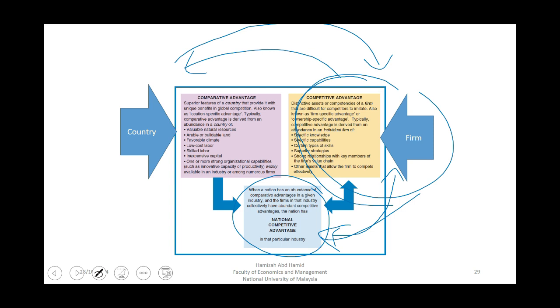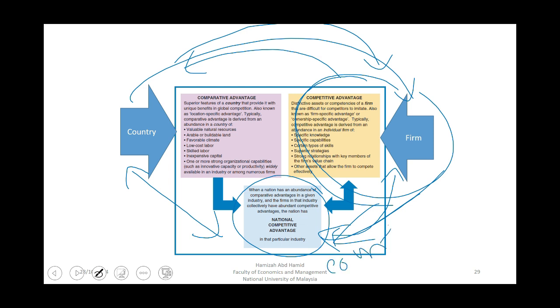So, every country has its own uniqueness. Even Singapore, such a small piece of land, has its own uniqueness. Okay, and then it works together with the firms that create a specific industry. They together create a national competitive advantage. Please remember, this is not for a specific country only.